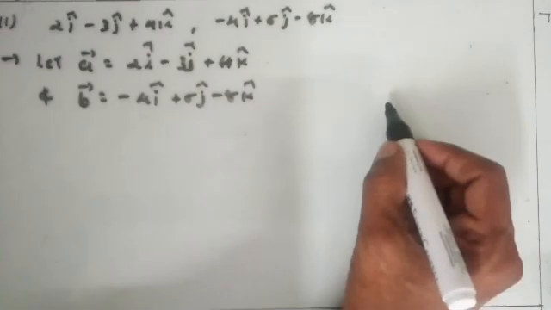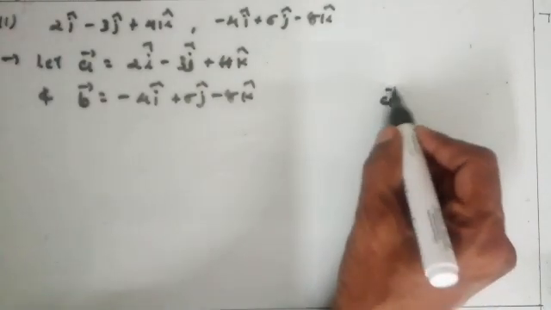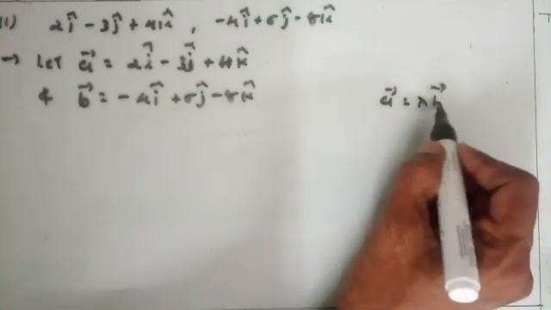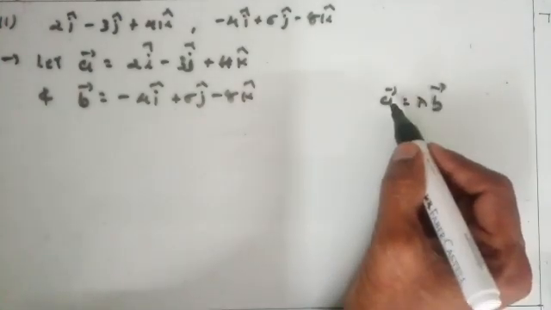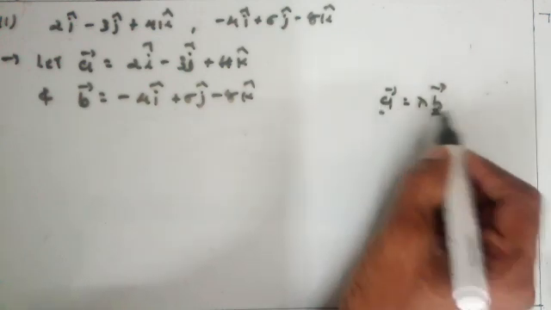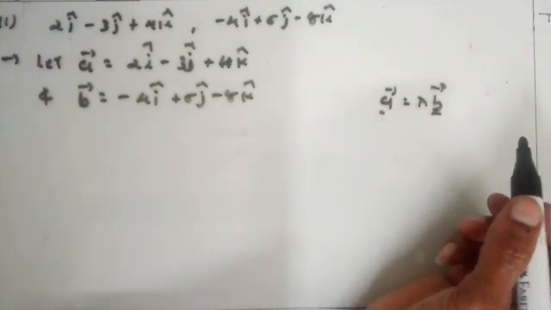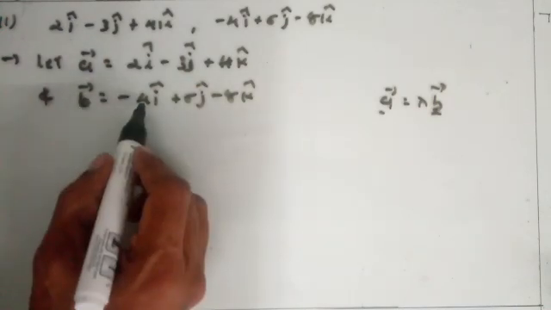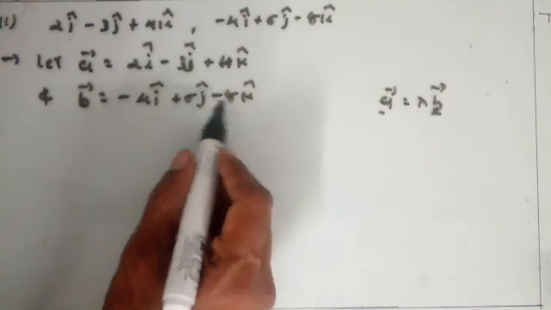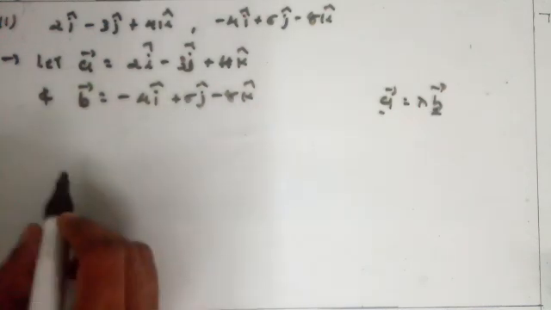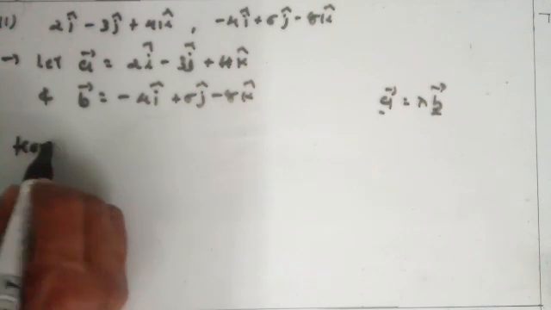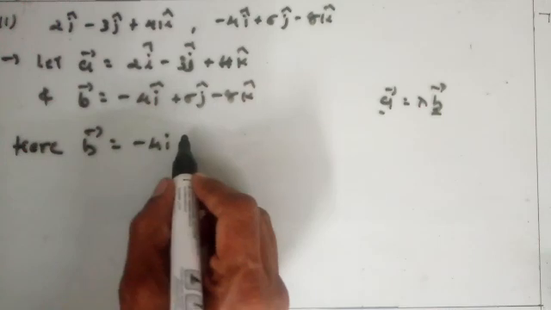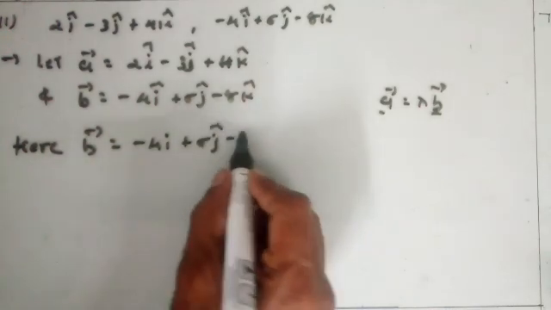We know that for two vectors A and B, if A is equal to lambda B, then we say that A and B are collinear vectors. Here vector B is equal to minus 4i plus 6j minus 8k.